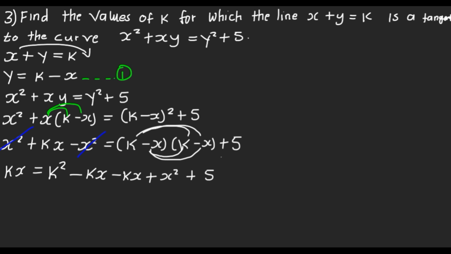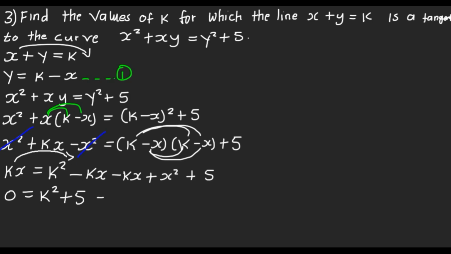Then we need to shift the expression to one side so that we see what we have here. So let's shift this side. So if we shift, we are going to have 0 is equal to k squared plus 5.